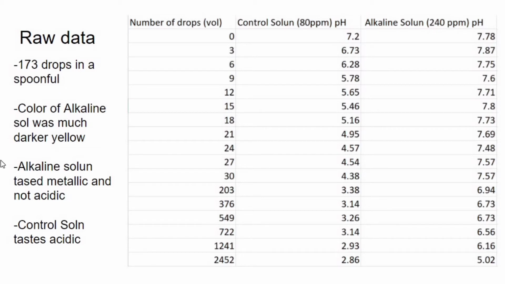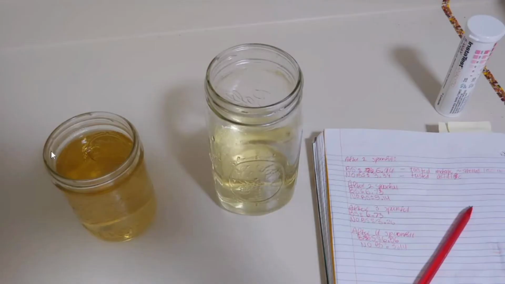Some observations that I saw was the color of the alkaline solution was much darker yellow. This can be seen in this slide right here. This is the alkaline solution. As you can see, it's much, much darker than the non-alkaline solution, which was just vinegar and water.